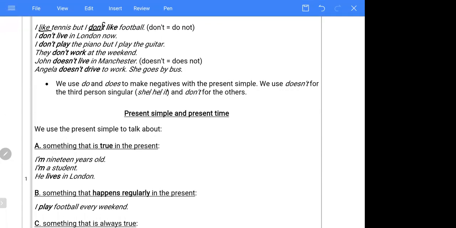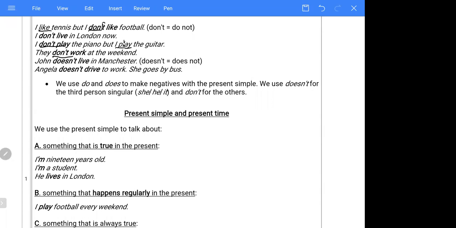These are examples that show the simple present tense uses do or does in the case of negative. Look at this one. I don't live in London now. I don't play the piano, but I play the guitar. You see the difference? Don't play, but when you come to the positive one, we cancel out the helping verb.